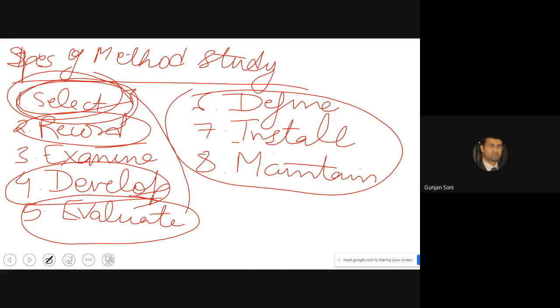Once from plant level you identified the operation, now the same thing you are going to do on the operation. There's material handling going on, there's movement of the worker for the movement of the material, and movement of the worker for picking up tools to be used on the machine. Like on a lathe machine you have different types of tools for different operations.